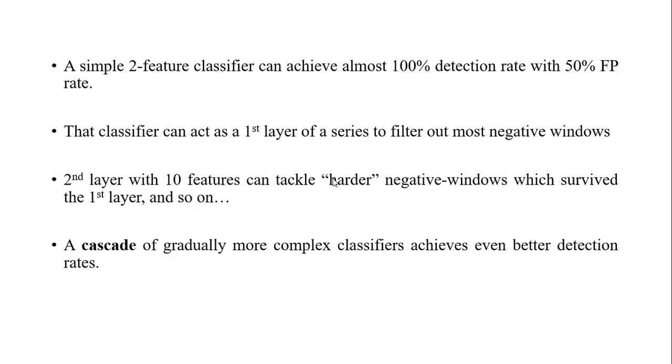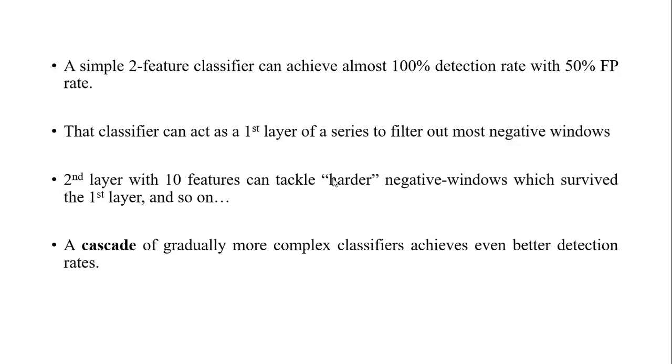Now, I previously mentioned that a two feature classifier has a 50% FP rate. FP stands for false positive rate. And when it comes to statistics, while performing multiple computations, false positive ratio refers to the probability of incorrectly rejecting a null hypothesis for a particular test. That is, we incorrectly reject a subwindow stating that that particular subwindow has no face image.